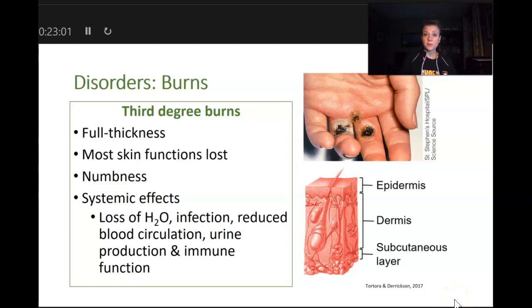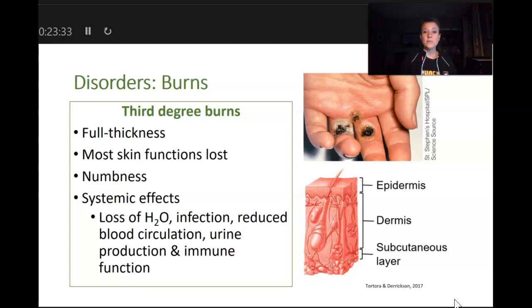A third degree burn is also known as a full thickness burn, and the reason why is because the epidermis and the dermis and the subcutaneous layer are all lost. And in the area of damage, the functions of the skin, which we went through at the beginning of this presentation, are also lost. The patient will experience numbness in the area. Why? Because the nerve endings have been damaged.